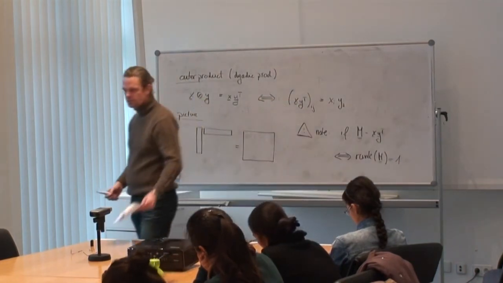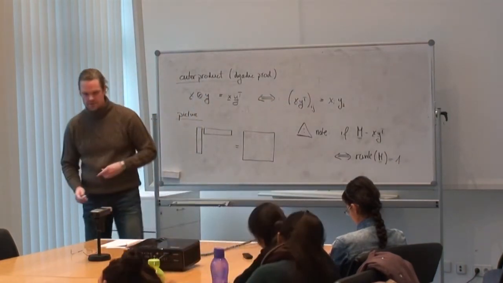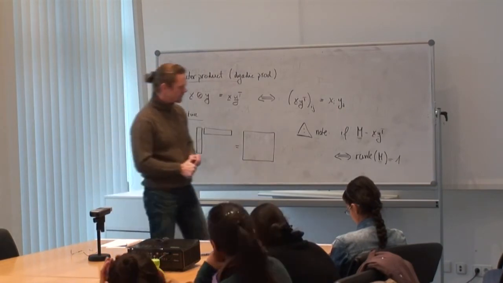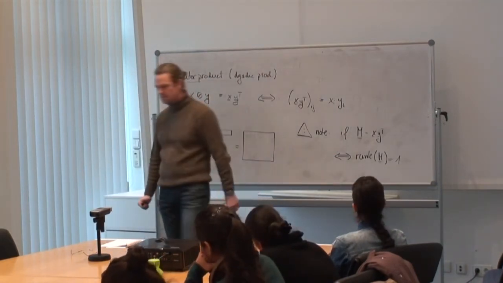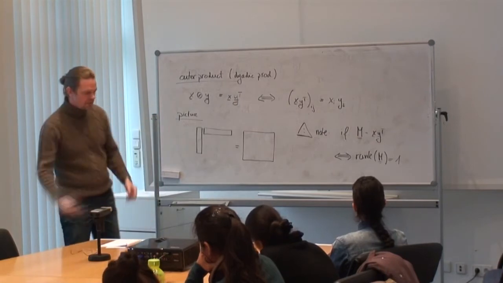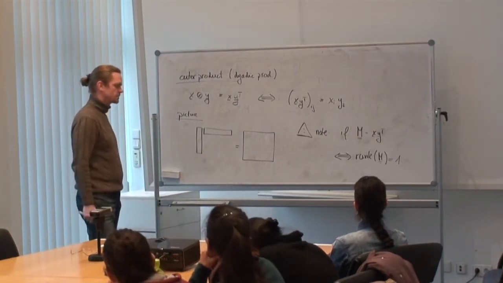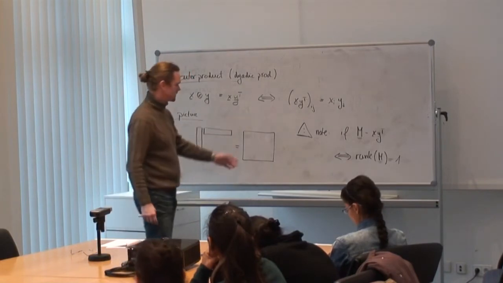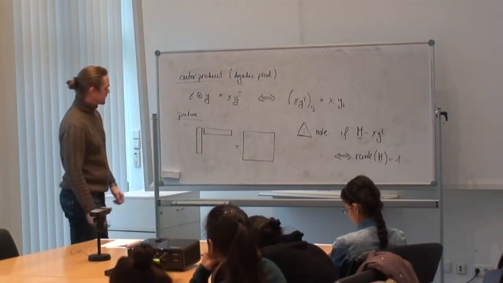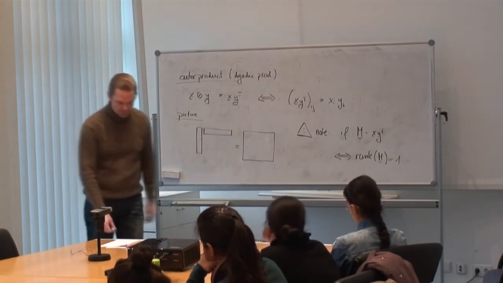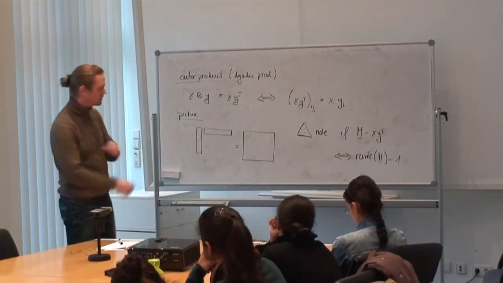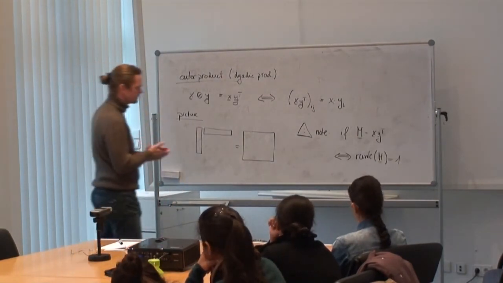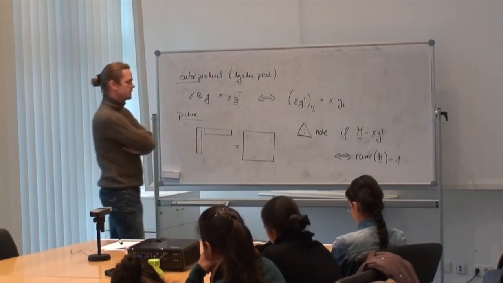I just recall this notion of the rank of a matrix, that is, the rank of a matrix is the number of linear independent rows or columns. In our case, there are n rows and n columns. If there are fewer linear independent columns than rows, then the rank would be the number of linear independent columns.